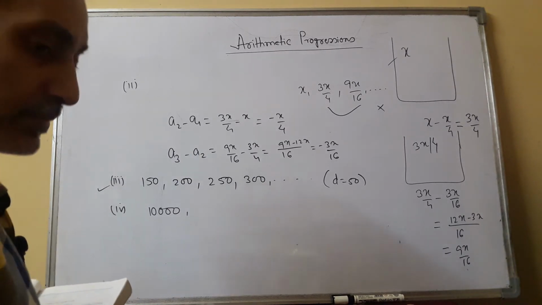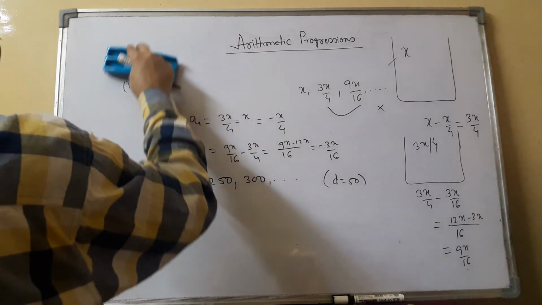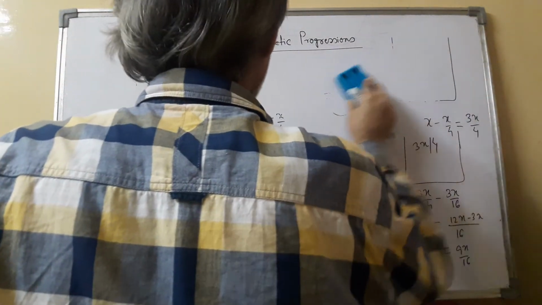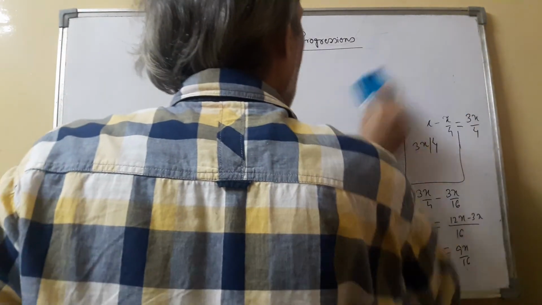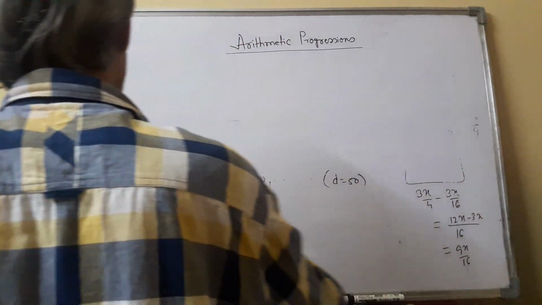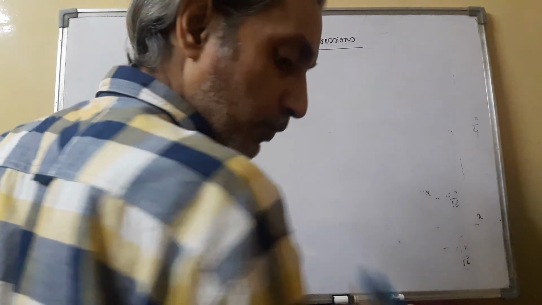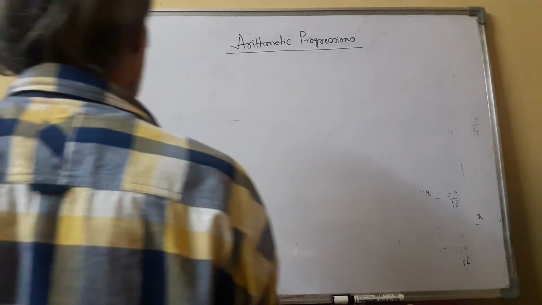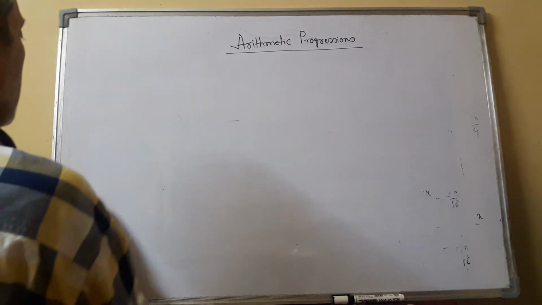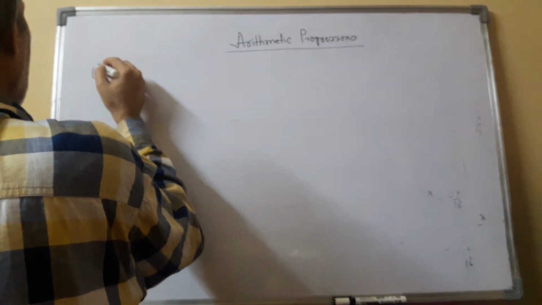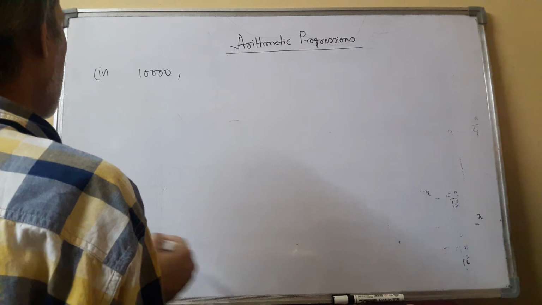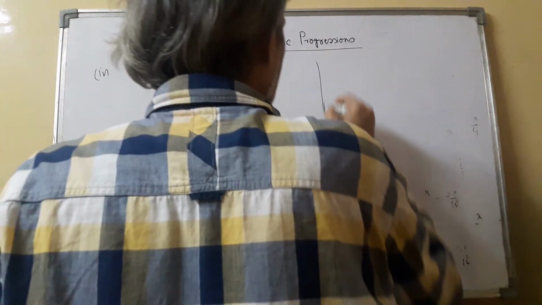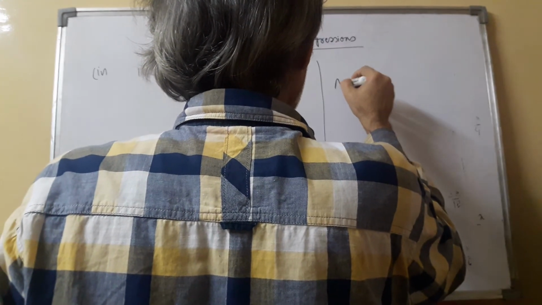After 1 year, this amount will become, just by using the compound interest formula, we can calculate this. Let me write it here. Initial amount is 10,000, first term. The second term, after 1 year, it will become what?